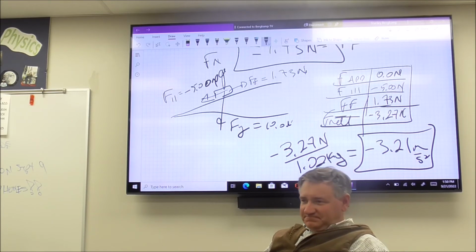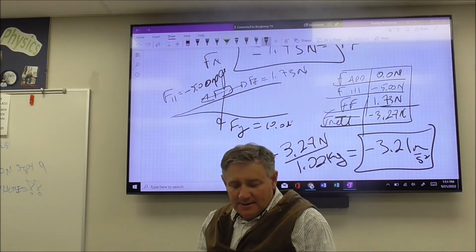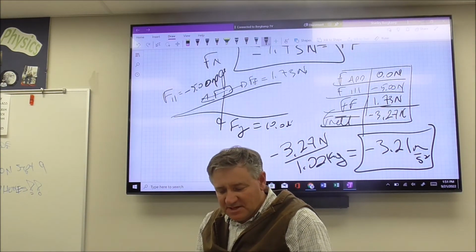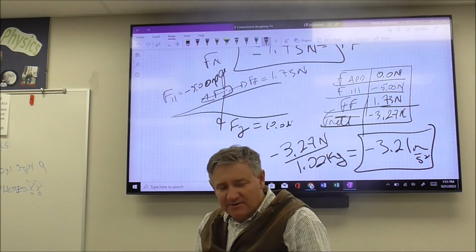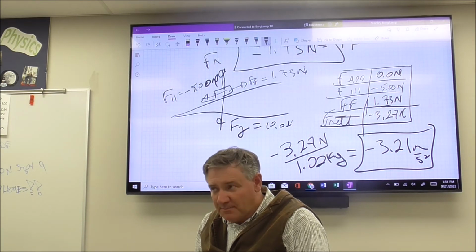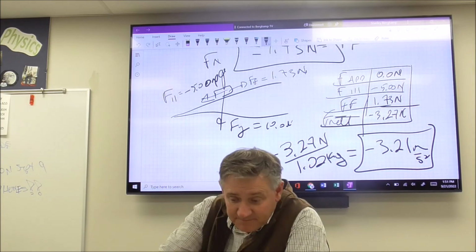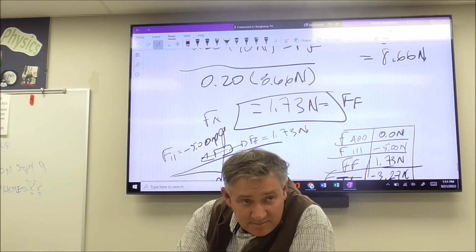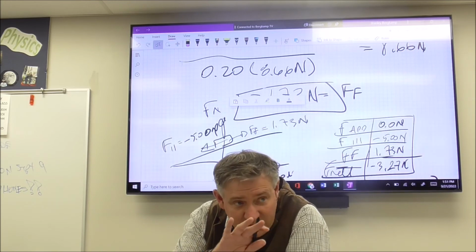Last question. I want to push this thing up at a constant velocity. So I want to know how much force it's going to take to push this up at a constant velocity. Everything's going to stay the same. I'm still going to have the same coefficient of friction of 0.2. I'm still going to have the same 30-degree angle.